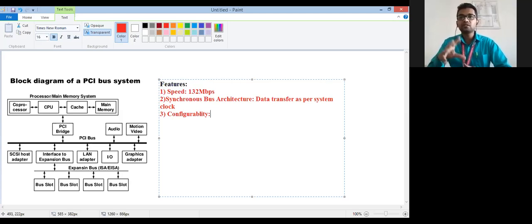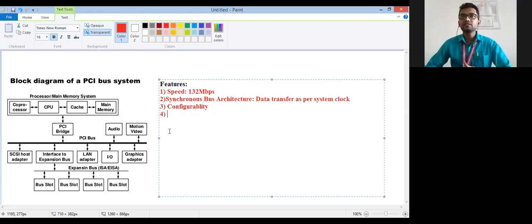Automatically the device is configured and you can use it as per your convenience. Like USB plug and play, when the USB is connected, drivers are installed automatically, so there is no requirement of additional drivers. Similarly, whatever devices are connected to the PCI bus are auto configured.